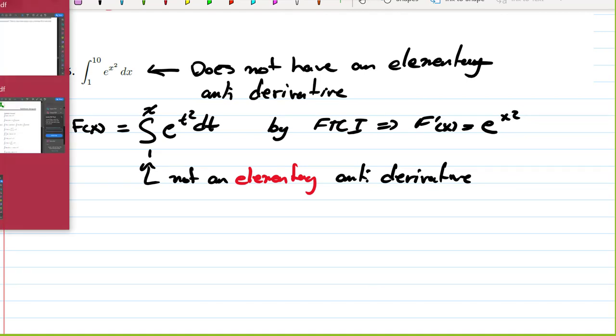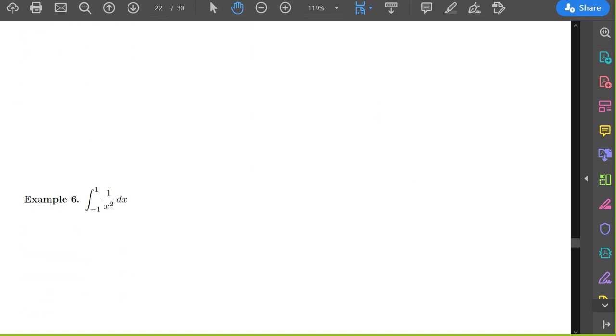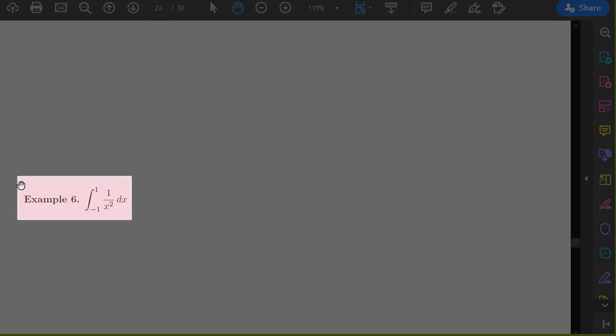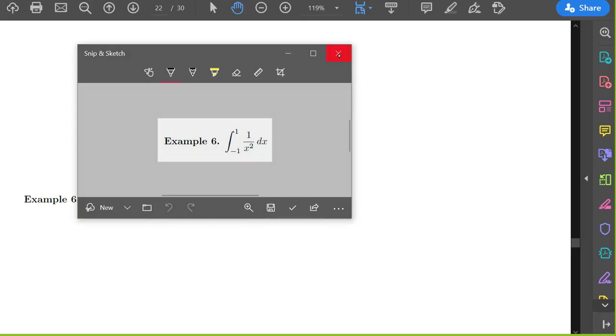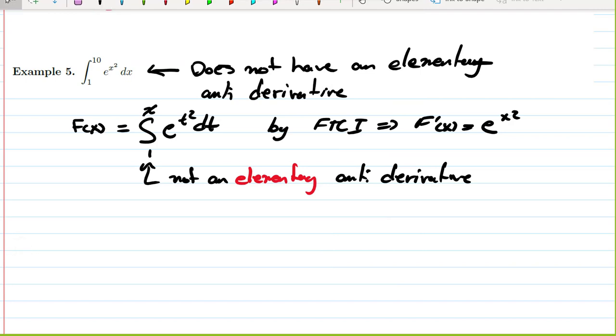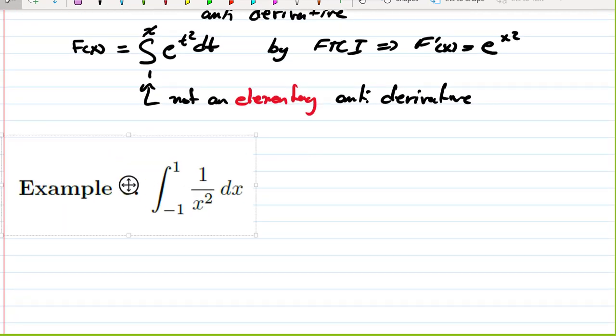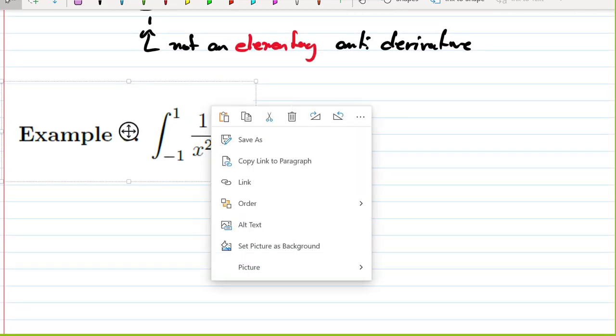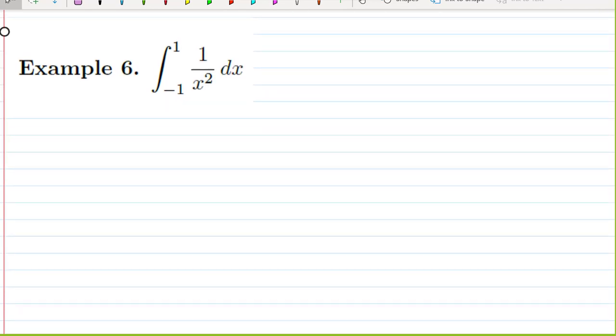All right, so one last thing about integration before we part ways. So if we take a look at example 6, it's the integral from -1 to 1 of 1 over x squared dx.